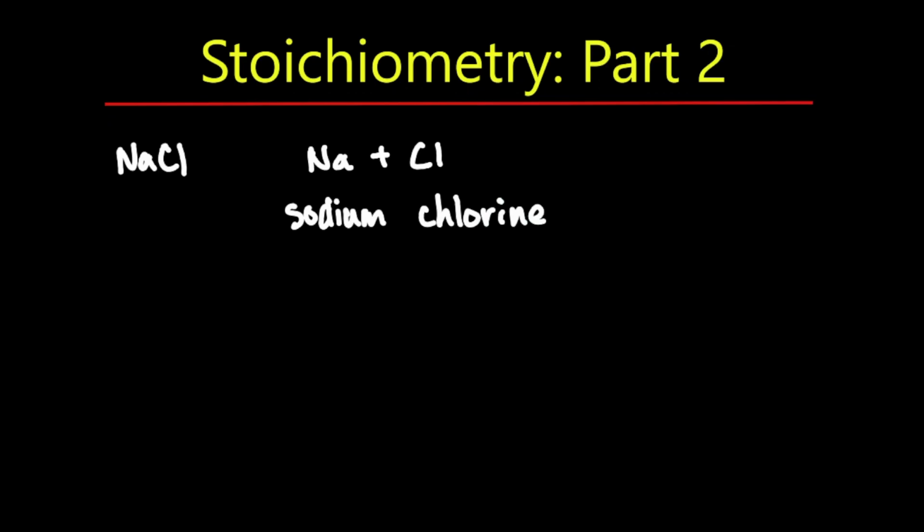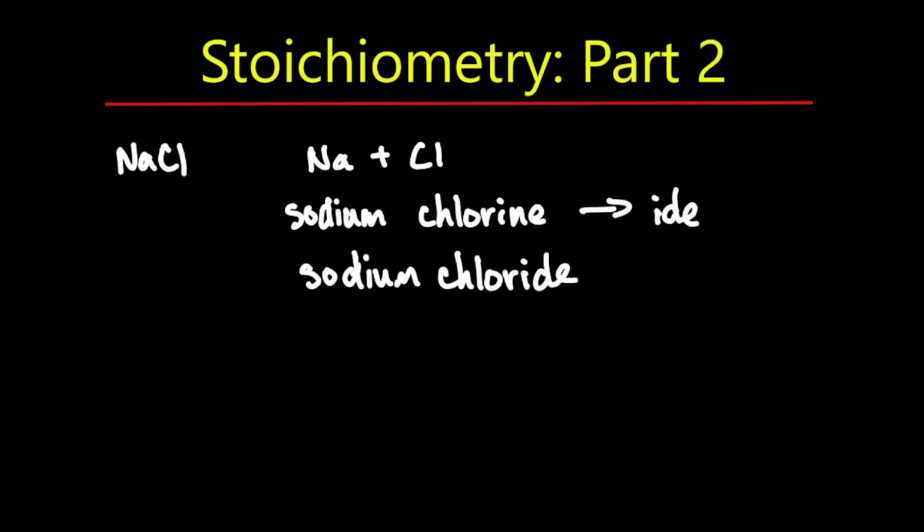However, as you might have guessed, the naming isn't just sodium chlorine. Instead, when we have an INE ending, we often change it to an IDE ending. So this compound, NaCl, is actually known as sodium chloride.